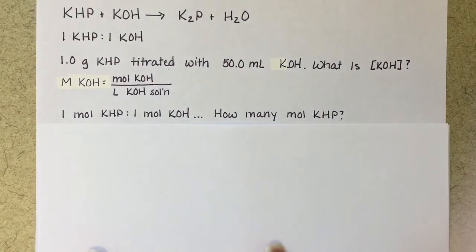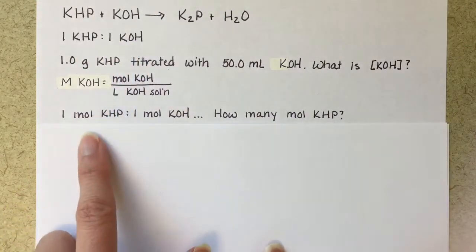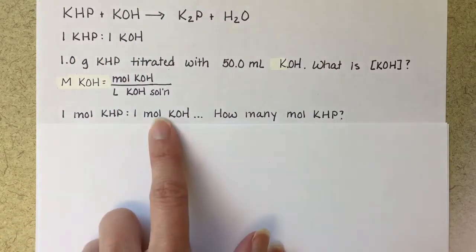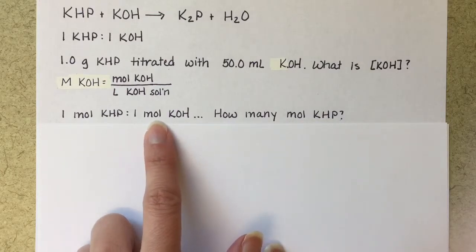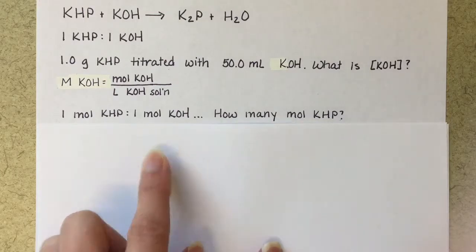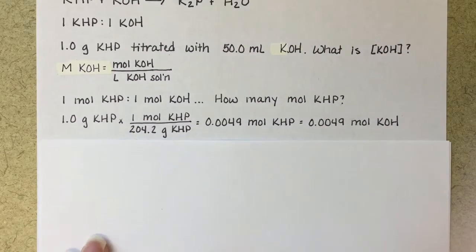And we know from the balanced equation, from the 1-to-1 ratio, that every 1 mole of KHP is equivalent to 1 mole of KOH. So if we figure out how many moles of KHP we have, we will know how many moles of KOH we have. We don't have moles of KHP, but we do have grams.